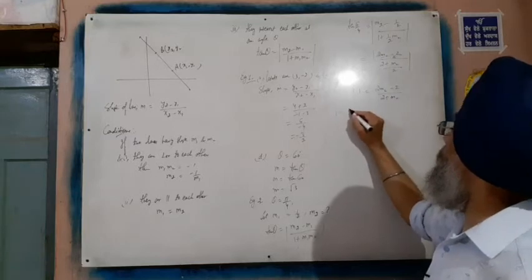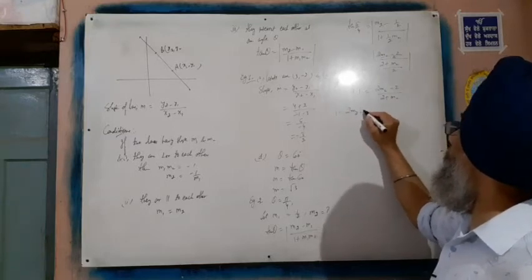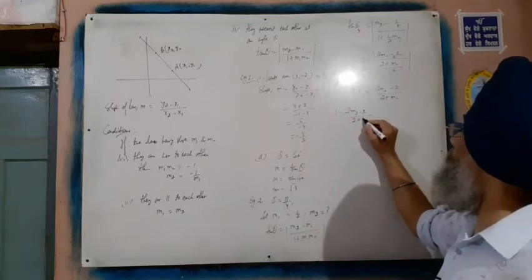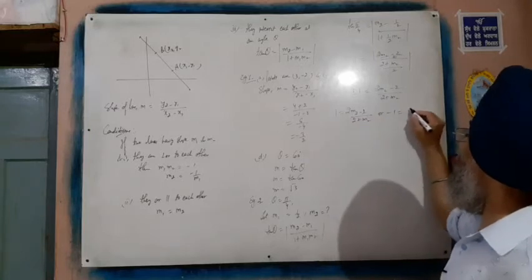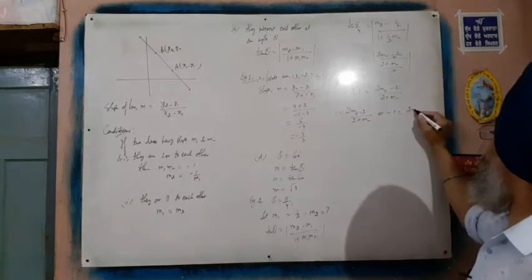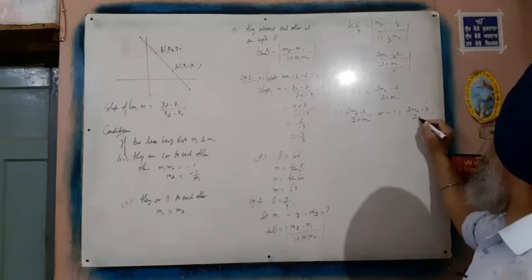So 1 is equal to 2m2 minus 1 upon 2 plus m2, or minus 1 is equal to 2m2 minus 1 upon 2 plus m2.